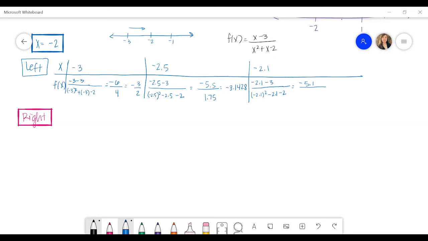Negative 2.1 squared is 4.41, and I get 0.31 in the denominator. So if we divide, I end up with negative 16.4516. Now, this is one of those cases where we had a pretty significant change.